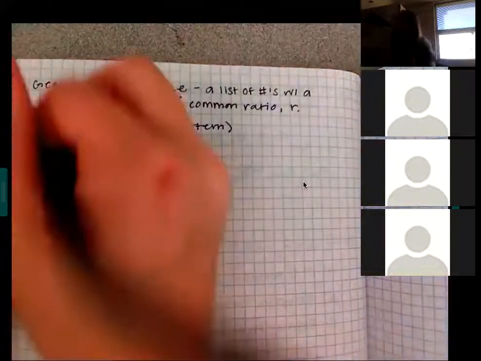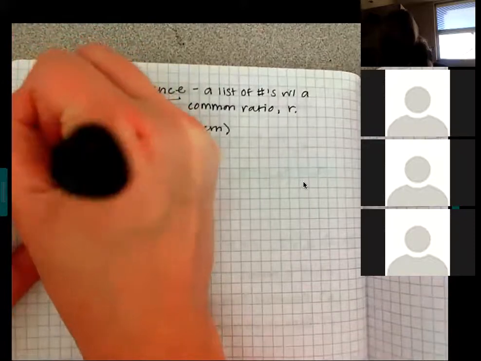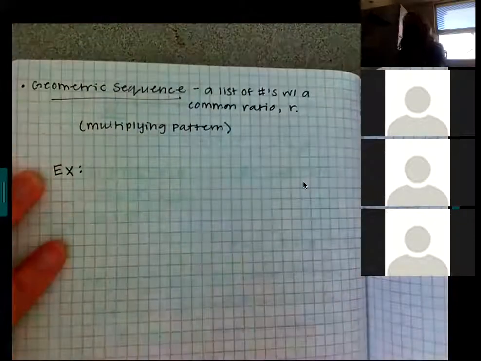All right, so let's start off with an example again, and then we'll talk about how we would write the recursive and explicit formulas for it.